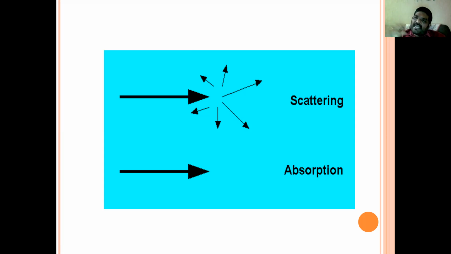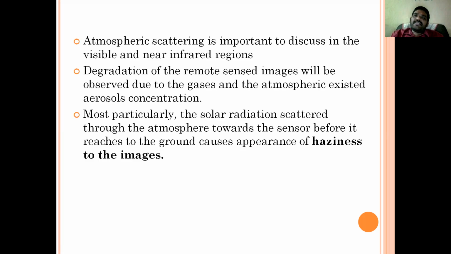And while it is hitting the target, as well as while the reflected energy is being recorded by the sensors, the atmospheric constituents influence this EMR, electromagnetic radiation. What may we observe, and what are the different mechanisms that may take place with respect to the EMR while it is traveling through the atmosphere? Simply, what are all the mechanisms taking place with respect to electromagnetic radiation while it is propagating from space to target and from target to sensor.